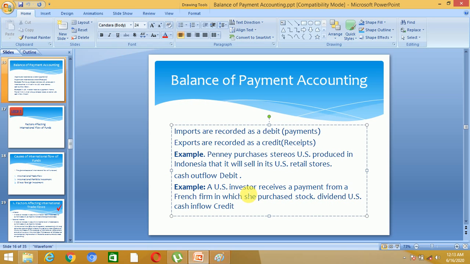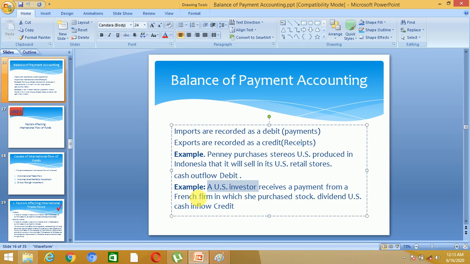A US investor receives a payment from a French firm in which he purchased stocks. Dividend, US cash inflow, so it will be credit. See, the investor is US.